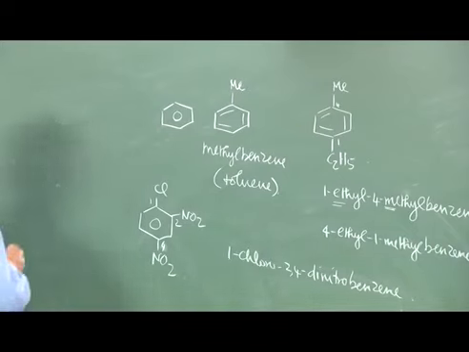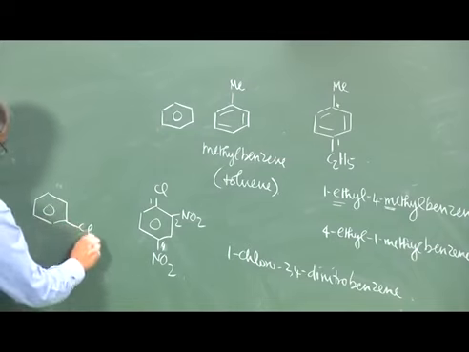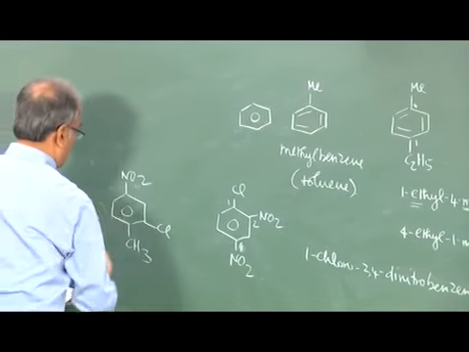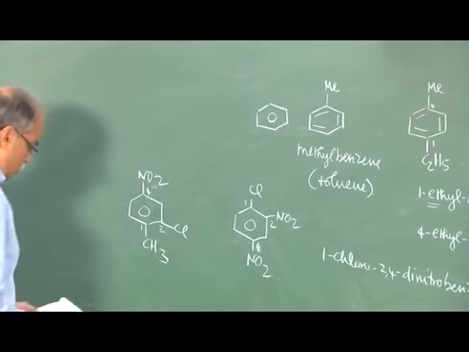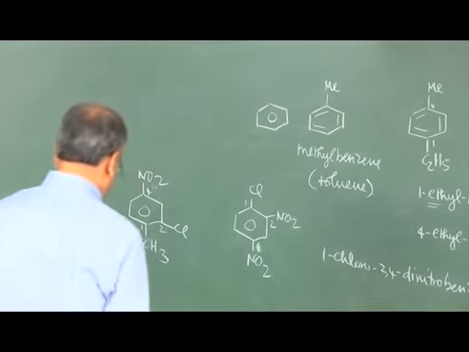On the other hand, if you consider this compound, this would be named as 1, 2, 3, 4. This would be 2 chloro 4 nitro 1 methyl benzene.